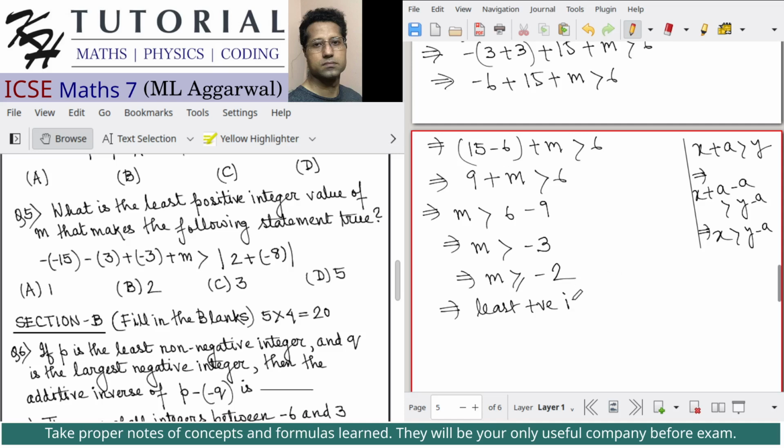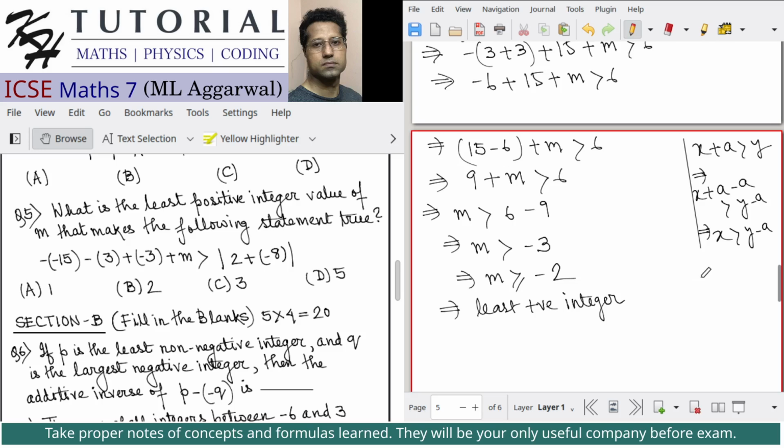So the least positive integer value will definitely be 1, because even though we know that m can take any value greater than or equal to -2, that is, the value of m can be -2, -1, 0, 1, 2, 3, 4 like this, the problem is asking what will be the least positive integer.